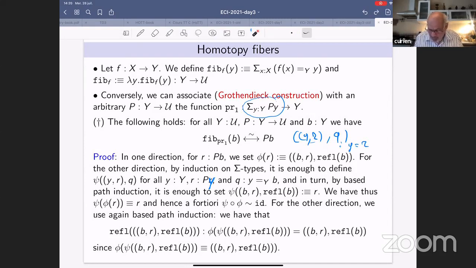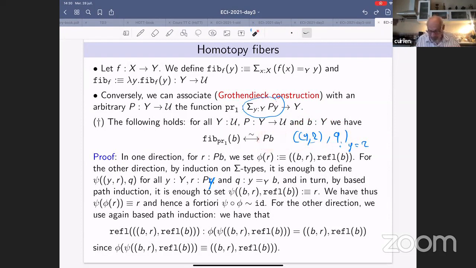Let's be very naive. Because y is equal to B, we could as well have started with B, and then here we would have taken the reflexivity. Q would have been the reflexivity. So you see that, morally speaking, all of these guys are a fattened copy of members of PB.